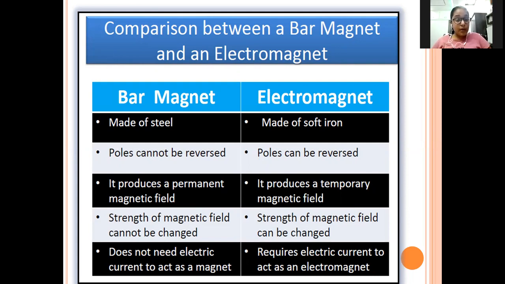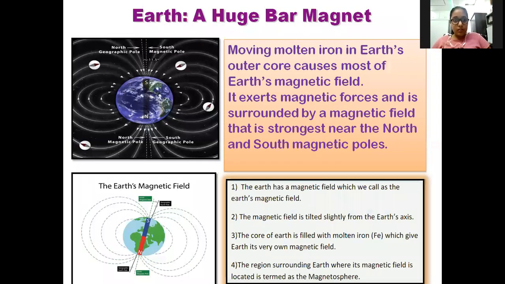Bar magnet produces a permanent magnetic field, and electromagnet produces a temporary magnetic field. Bar magnet strength of magnetic field cannot be changed. Electromagnet strength of magnetic field can be changed. Bar magnet does not need electric current to act as a magnet, and electromagnet requires electric current to act as an electromagnet. This was the comparison between bar magnet and electromagnet.